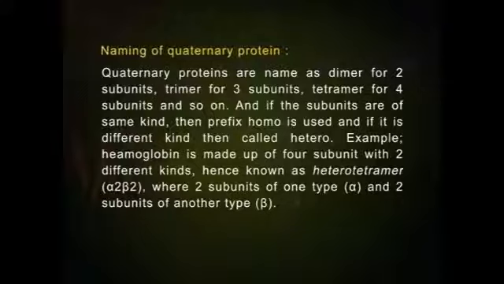If the subunits are of the same kind, the prefix homo is used, and if they are of different kinds, it is called hetero. For example, hemoglobin is made up of 4 subunits of 2 different kinds, hence known as a heterotetramer, where there are 2 subunits of one type, alpha, and 2 subunits of another type, beta.